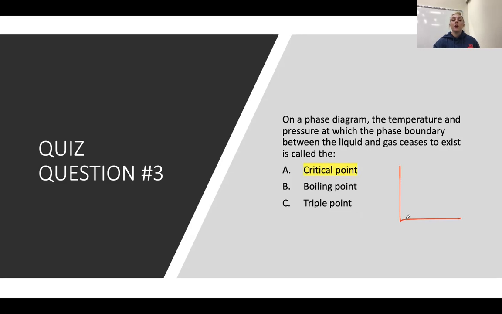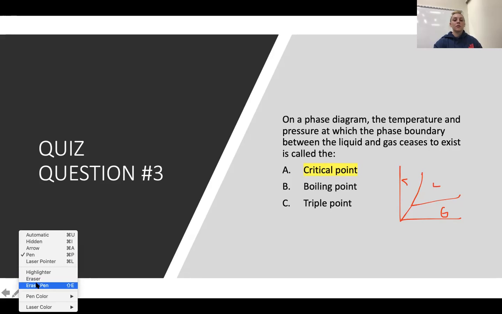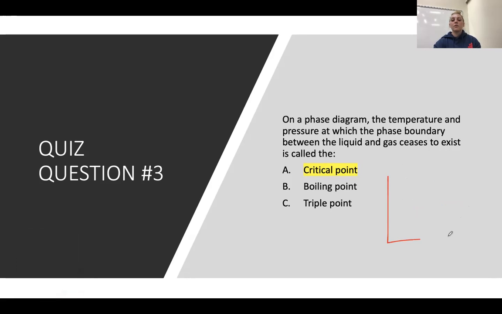Again, if you remember, we have your phase diagram, looks something like this. Ooh, that was pretty bad. But you have your solids, your liquids, and your gases. And actually, I'm going to redraw that. That was pretty bad. Okay, so your phase diagram. You have this coming up here, and this coming up here.